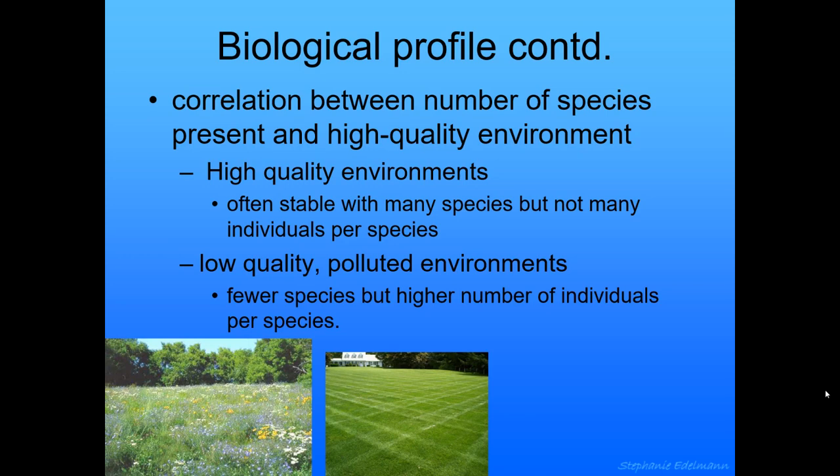Whereas in low quality polluted environments, you have fewer species, but high numbers of individuals per species. And I'm a big fan of wildflowers. And so when you're looking at this field down there, which one is probably the most high quality environment? It's not the one on the right, right?